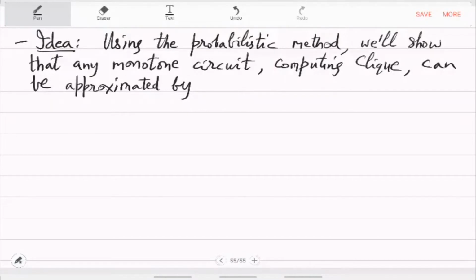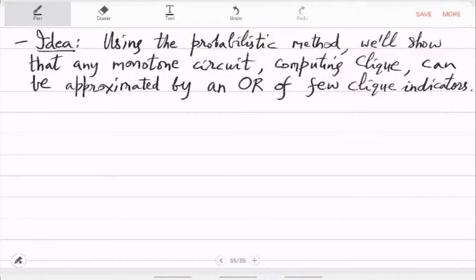We will remain in the Boolean world or in the world of propositional formulas. So it can be approximated by an OR of few clique indicators. So clique indicators will be simple functions, low circuit complexity functions, and they will be few, or of few.